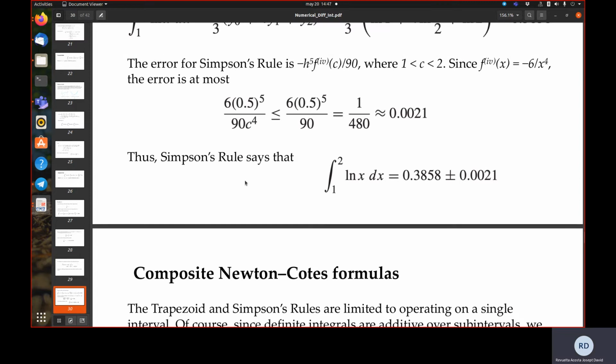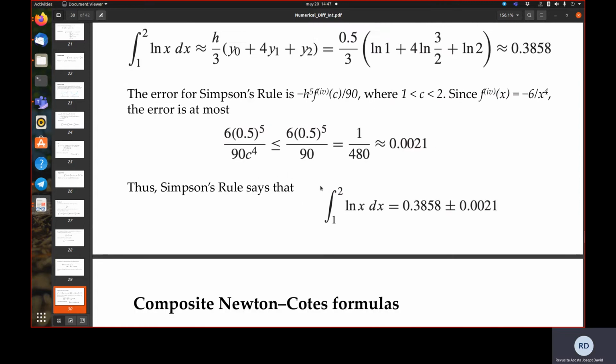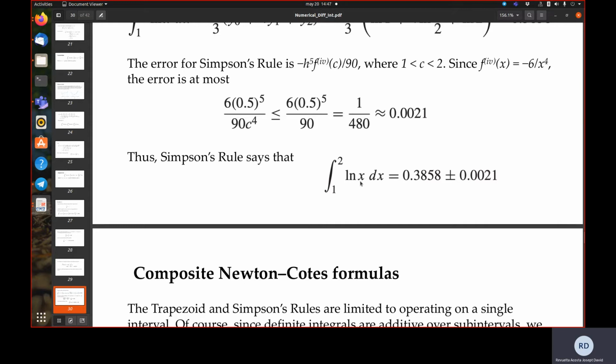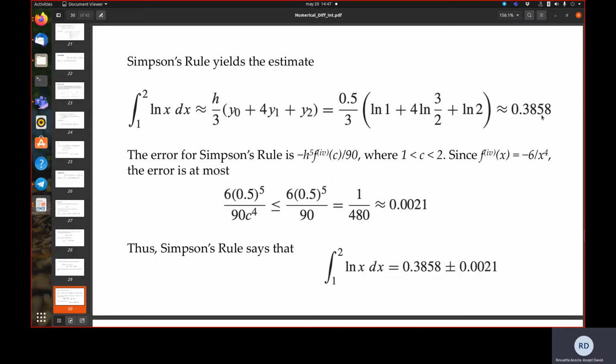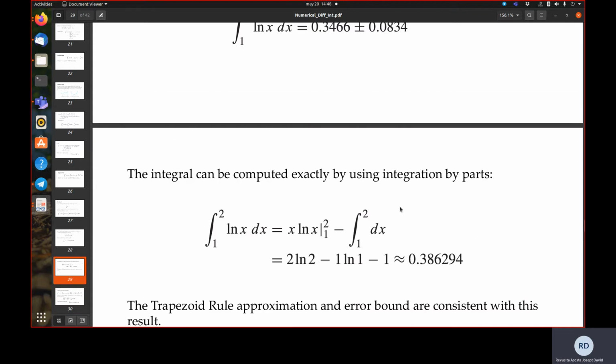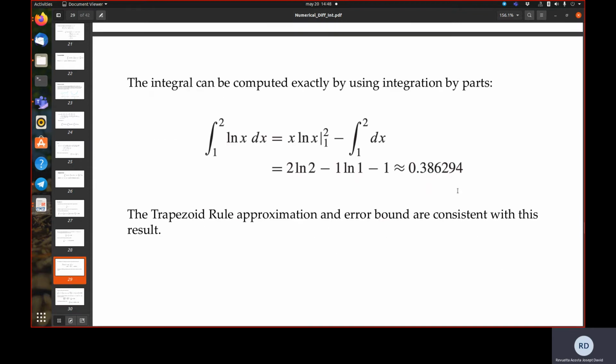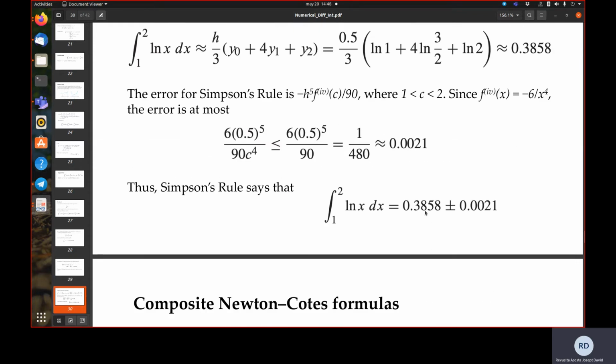Okay, so let's move to what the Simpsons rule says. If we are just computing the term, we have 0.3858 plus 0.0005, and if you remember the real value is equal to 0.3862. And this is 0.58. So it's 0.3858 plus 0.0021. This is going to be equal to 0.3879.